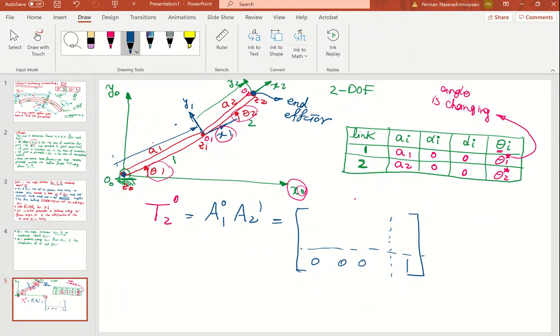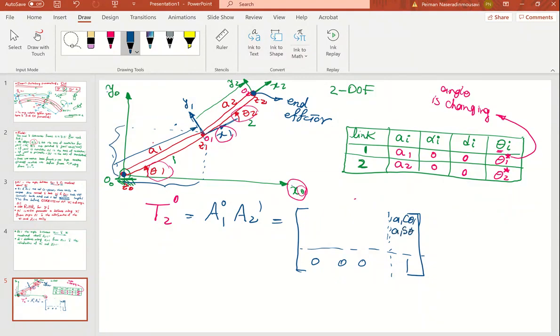First, O1 with respect to O0 has an offset. What is the offset? A1. But you have to know which coordinate system we are talking about: with respect to O0, X0, and Y0, the previous coordinate system. So here it is A1 cosine theta 1 for this component, and A1 sine theta 1.